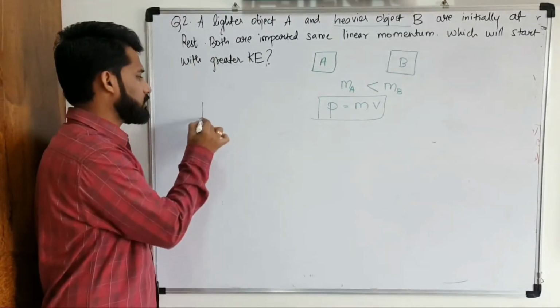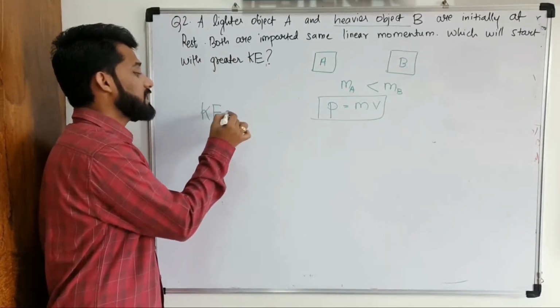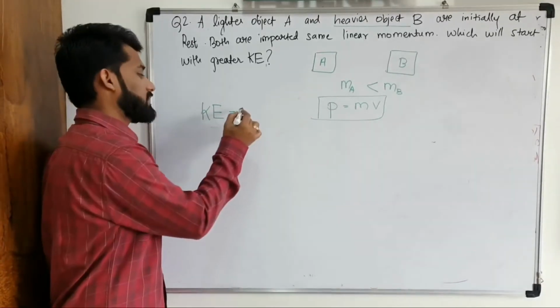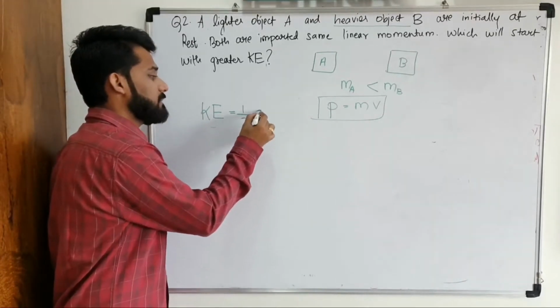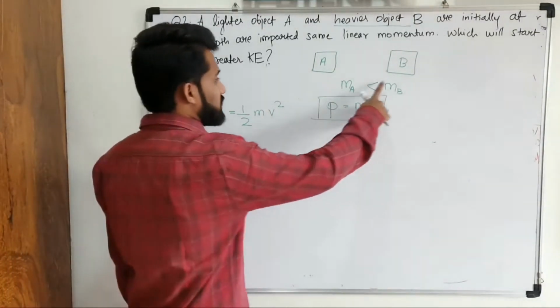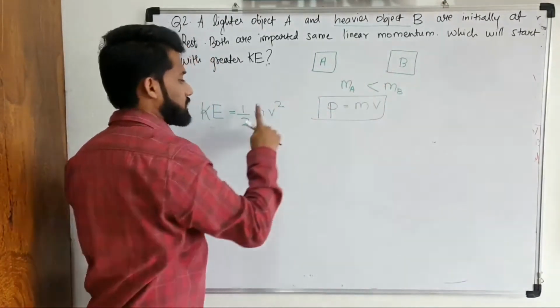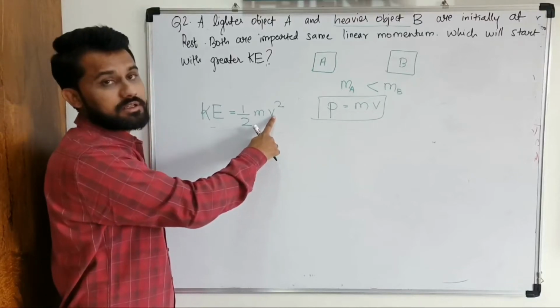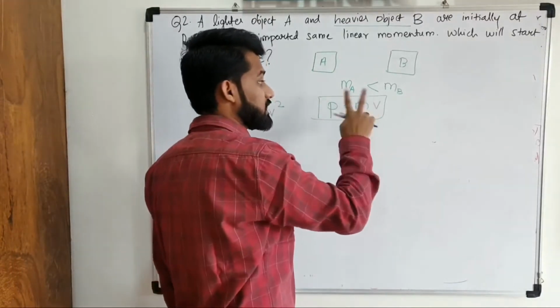So if I use the formula of kinetic energy to see किसका kinetic energy will be more, I can write the formula as half mv square. Now we know that mass of B is greater, but we don't know about velocity. We know that the product of mass into velocity is same.